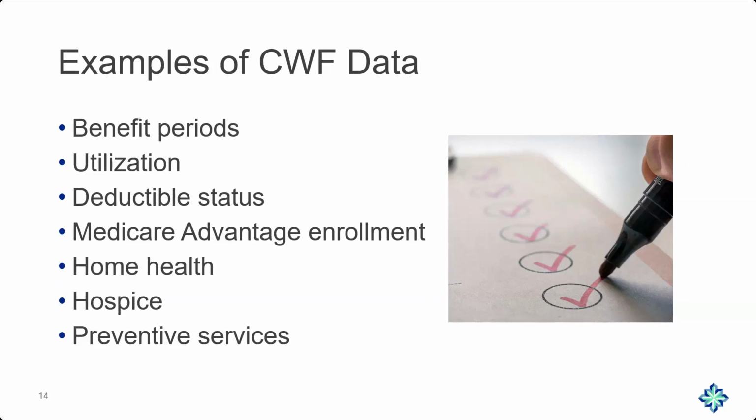Benefit periods will be displayed with remaining days. It'll tell you whether or not the beneficiary has a Medicare Advantage plan or that they've elected their hospice period. These will help you determine where you should be sending your claims. Information about preventive services that the beneficiary has received can also be found, and that'll help you determine if the patient is eligible for certain services and help you avoid some of those frequency rejections.